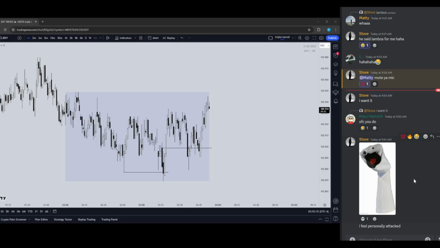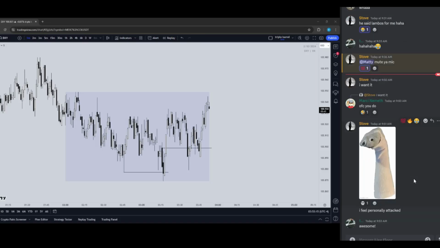I hope there are a lot of light bulbs going off in your heads, as in mine. ICT is cool and all, but why would you trade it without volume, when you just had Baxter showing you that volume is everything? You can use it in the FIB or in the fixed range volume profile, but it's essentially all volume.